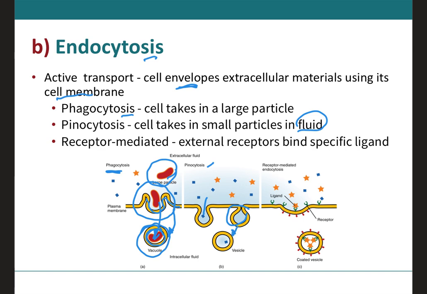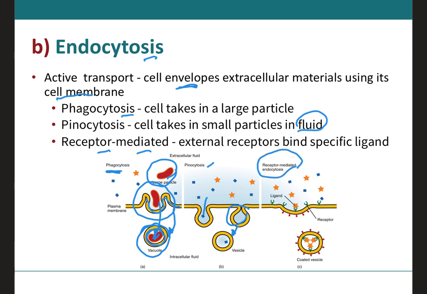Now, these two methods, phagocytosis and pinocytosis, take in large portions of this extracellular material in a very non-selective way. But there are cells that can regulate the endocytosis of specific substances via what we call receptor-mediated endocytosis.